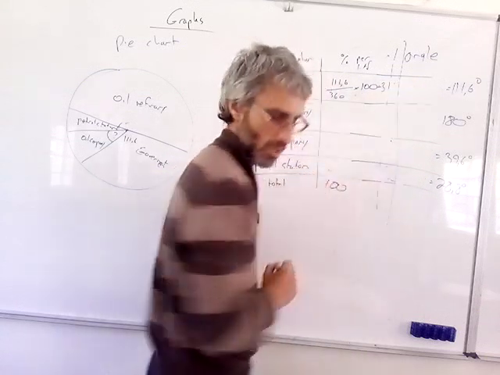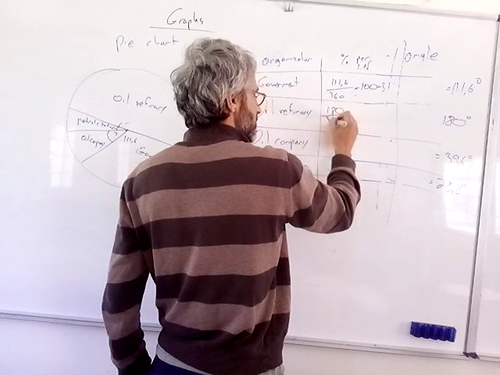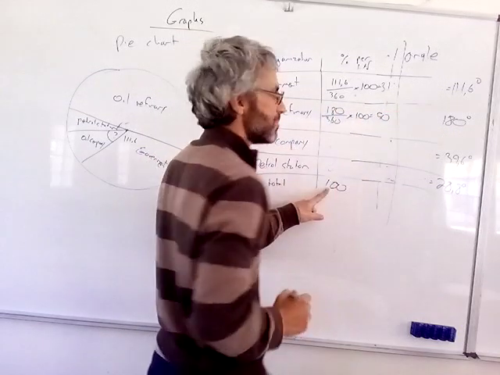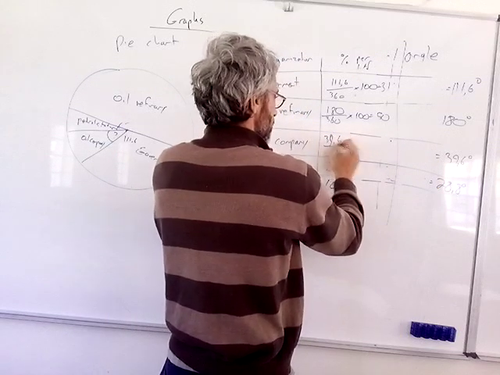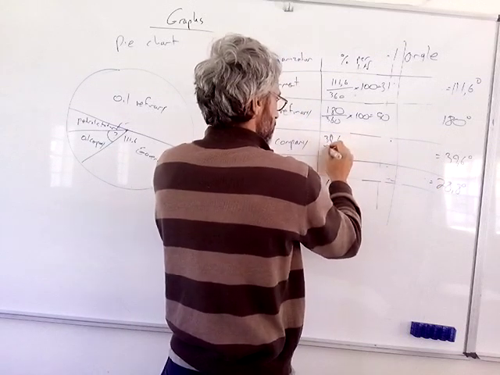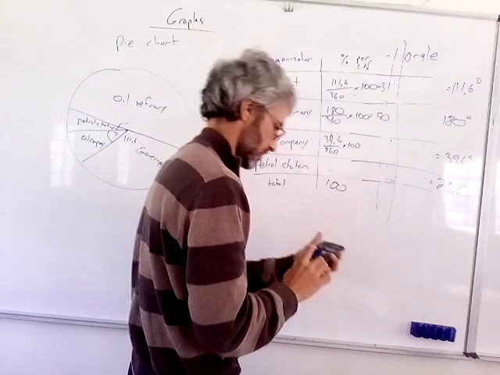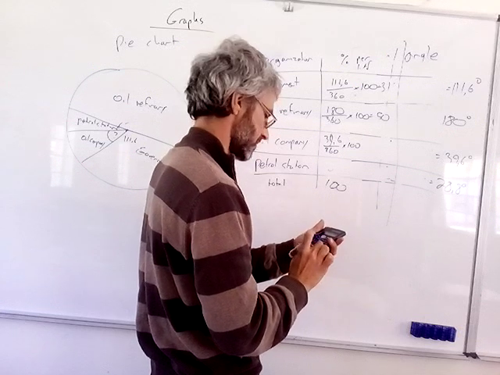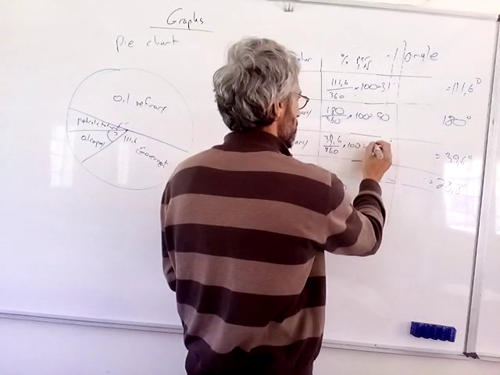So that will be 31%. If I do 180 divided by 360 times 100, that's going to get me back my 50%. If I do 39.6 divided by 360 and times 100, that will be 11%.